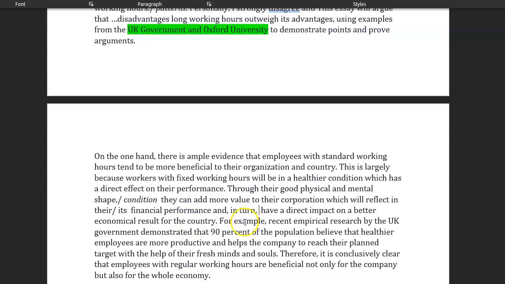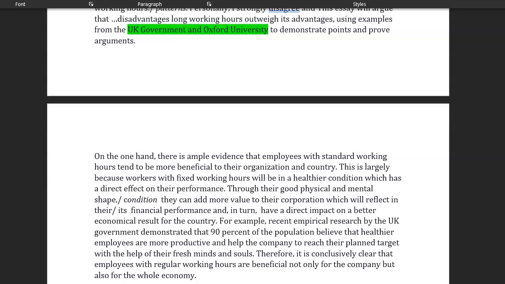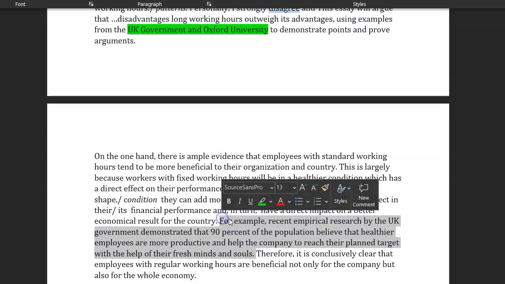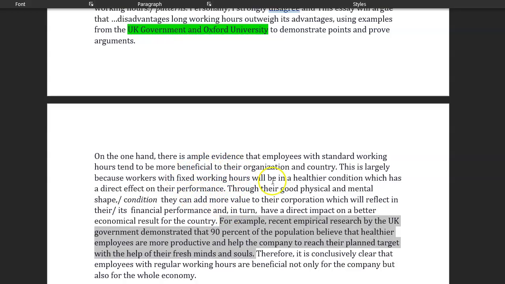For example, recent research demonstrated that 90% of the population believe that healthier employees are more productive and help the company to reach their planned. Yes. Okay. Yes, the example is okay. I mean, it's very beautifully written, but you've linked it back to health.